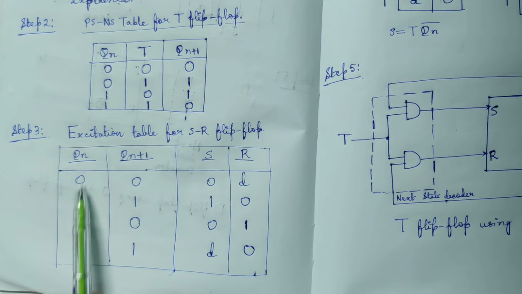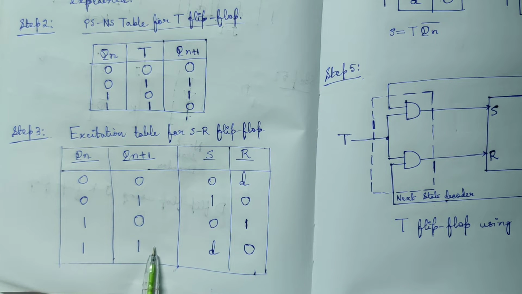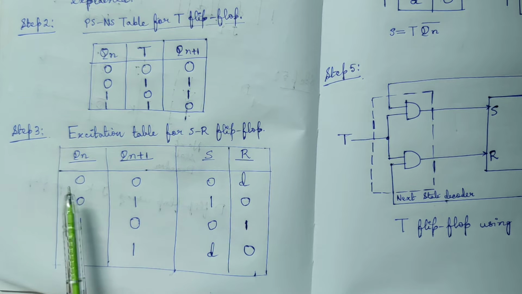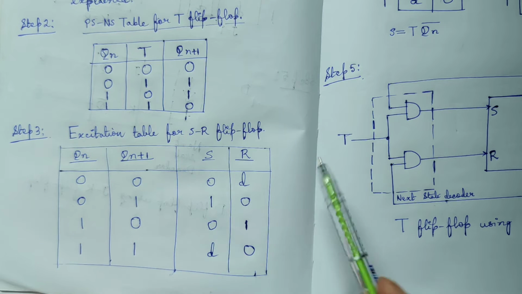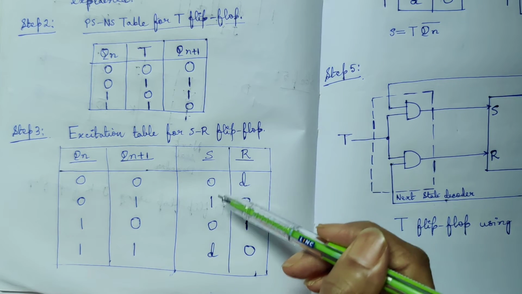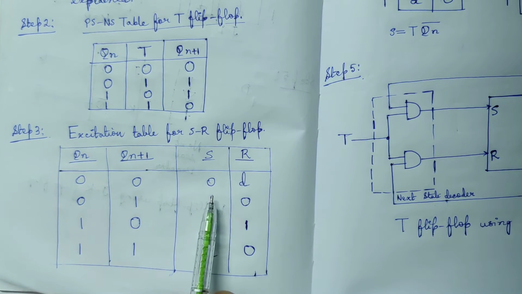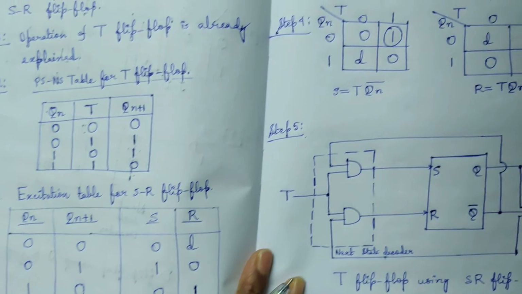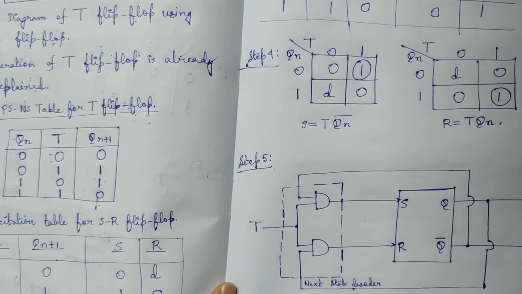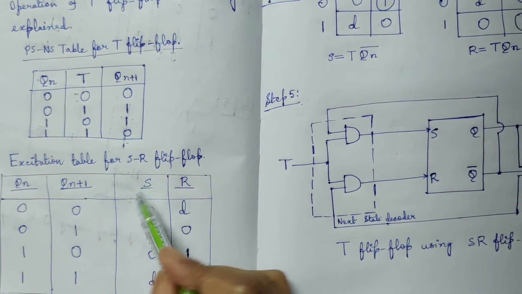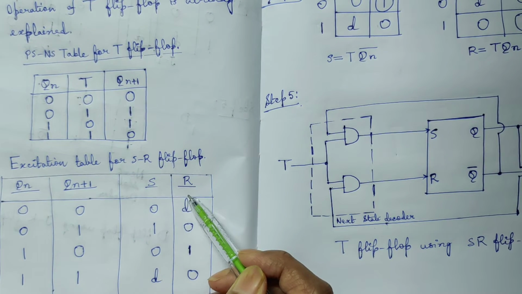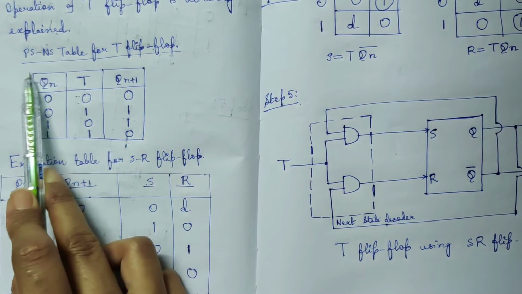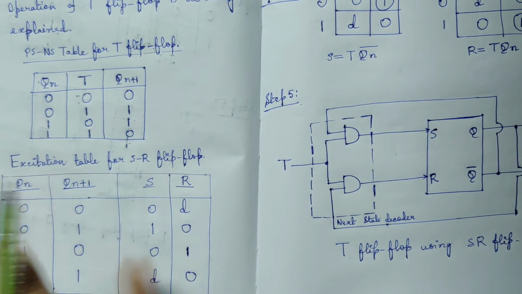These are the values of present state and next state, and according to these present state and next state output values, we are creating the combinations of S and R values. Now we will append these excitation inputs, or S and R input values, to the present state next state table of T flip-flop.